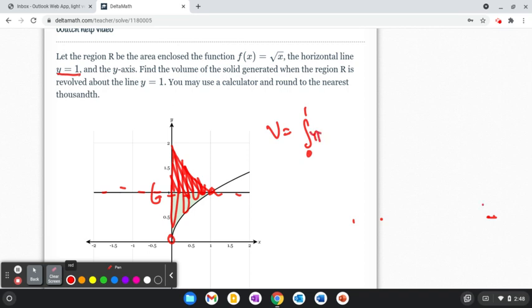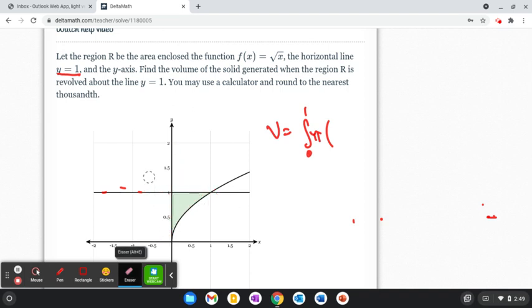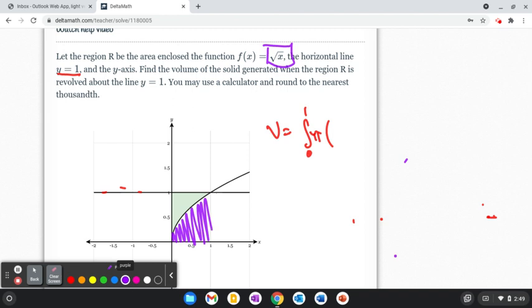Now I've got pi, and then my radius. So for the radius on this one, we need to think here. Think about how we're going to come up with this green shaded region, right? Now again, it's not just going to be the function, because if we had just used the function value as our radius, then that would give us this area. That's not what we want. We want to somehow come up with that area.